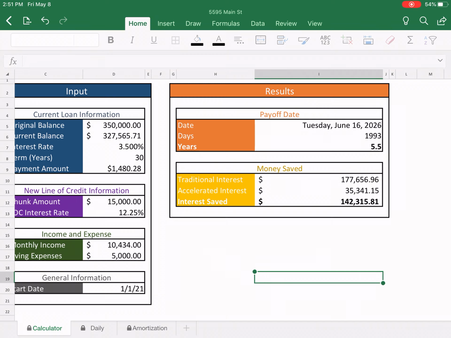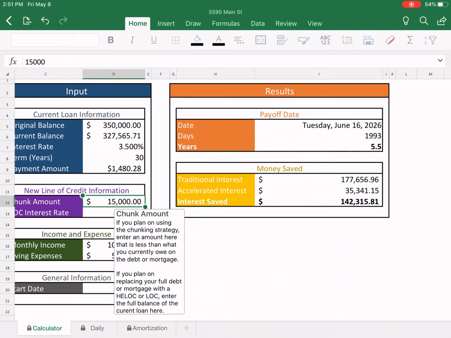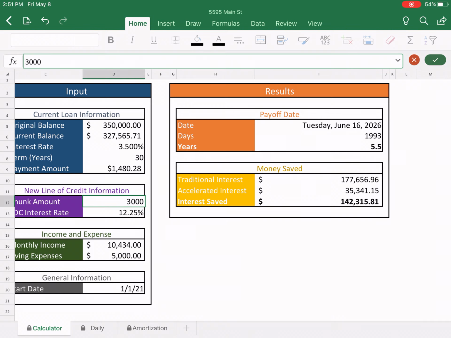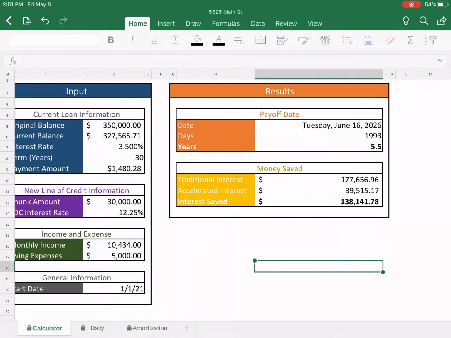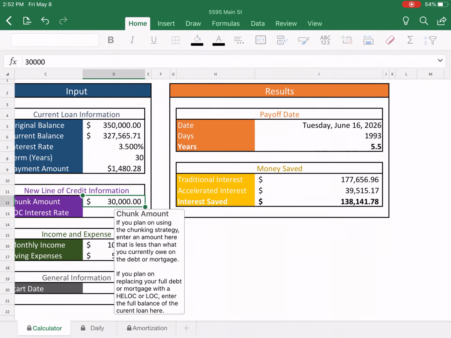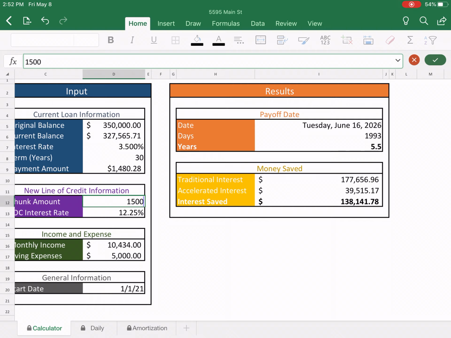How is it not changing? 30,000. I don't understand what is going on. But anyway, why is it not changing? But these numbers are changing. If you watch it, these numbers are changing.